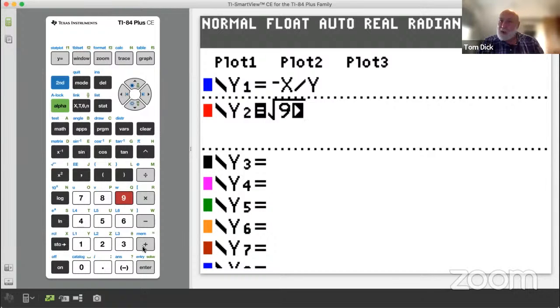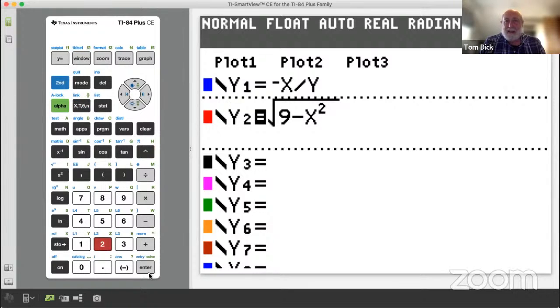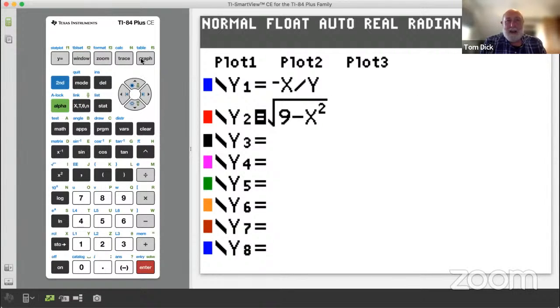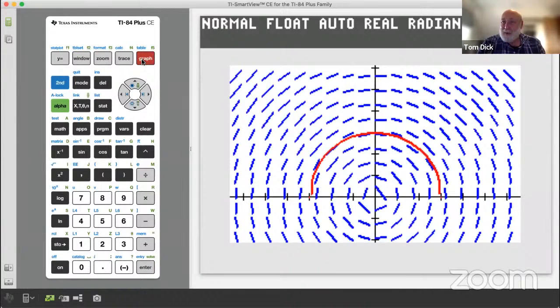Well, let me solve that for y. So y would be the square root of the quantity 9 minus x squared. And let me graph that. And boom, there it is. There's a nice curve, and it's following the fit of the slope field.